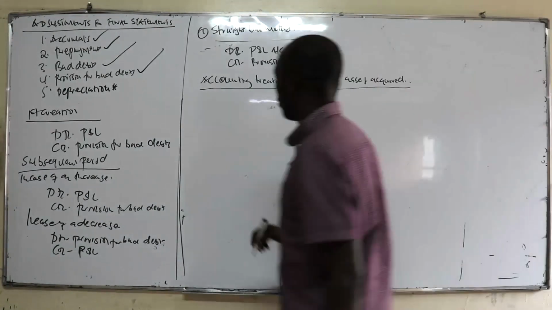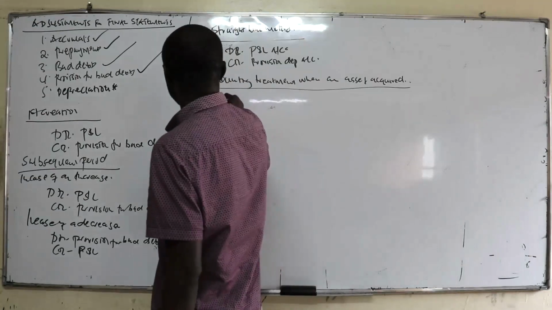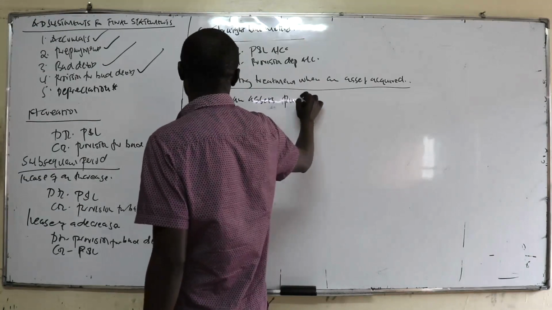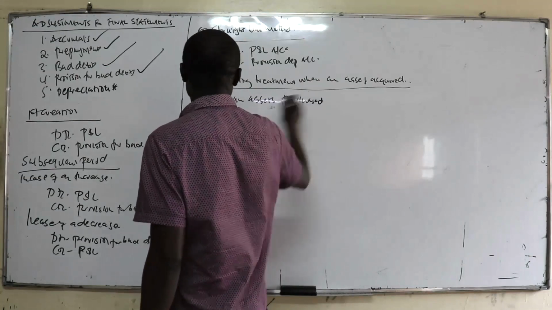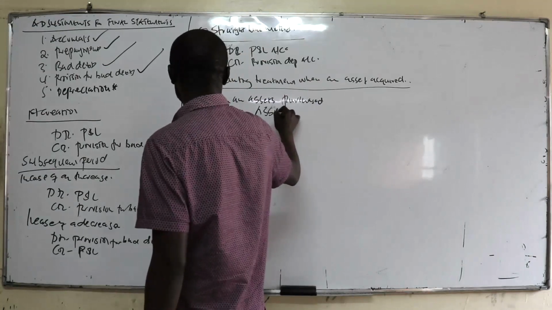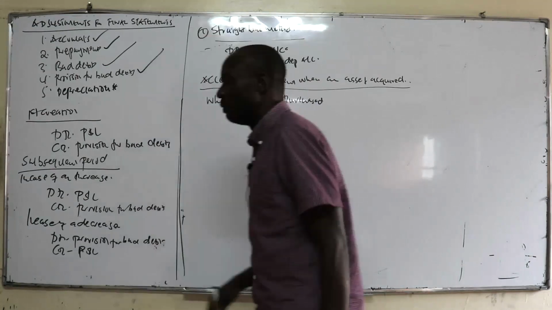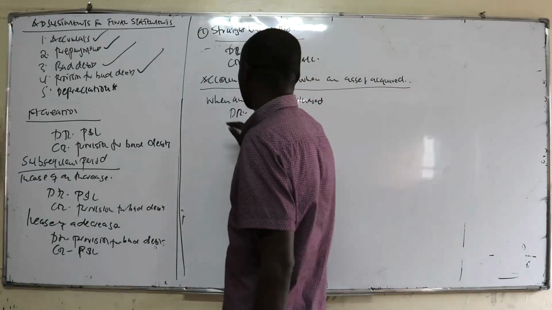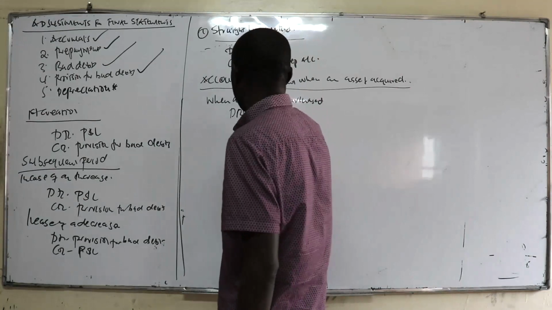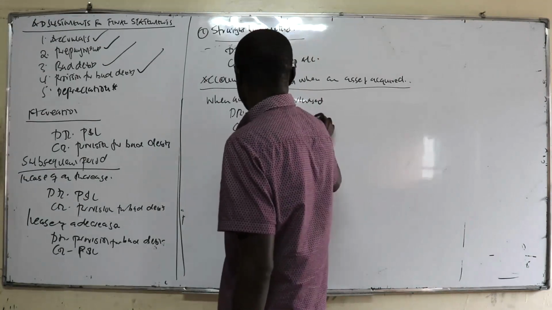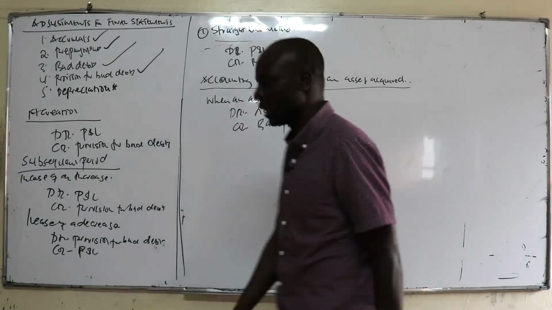When an asset is purchased or acquired, you debit asset account. The asset can be a motor vehicle, furniture, a machine, whatever. You debit the asset and you credit your bank account, or you credit the supplier, which you also call the creditor, if you acquire it on credit.